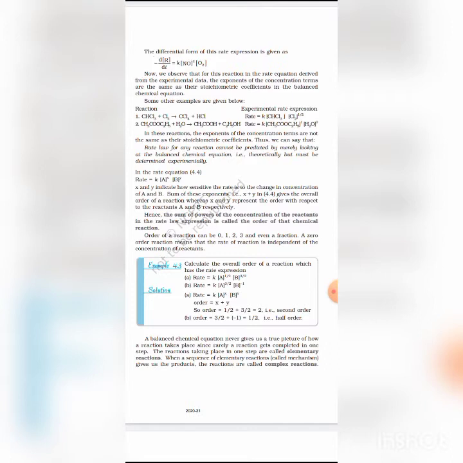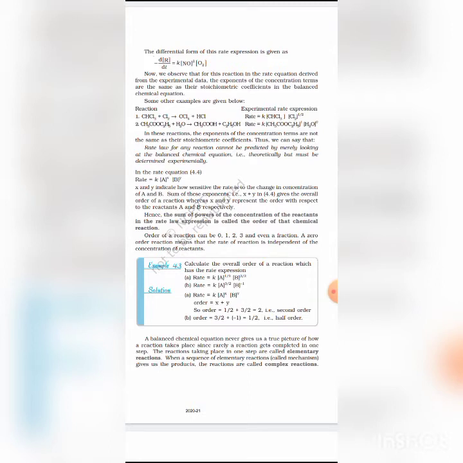Students, some main characteristics of first order reactions: all first order reactions obey the kinetic equation of first order reaction. The unit of K, the constant called the specific rate of reaction, is time inverse.